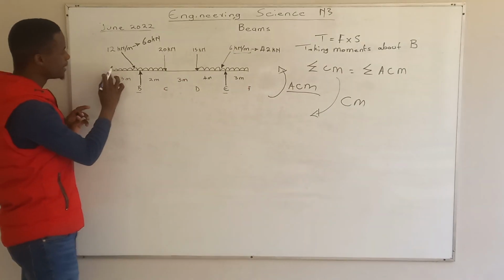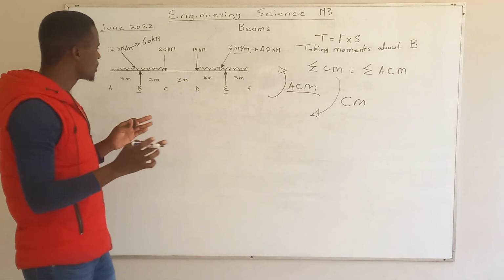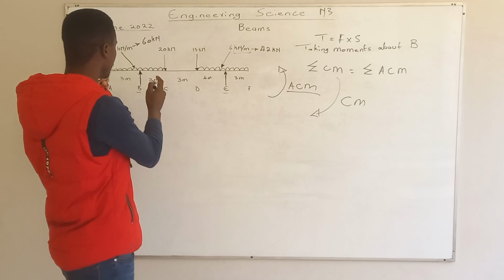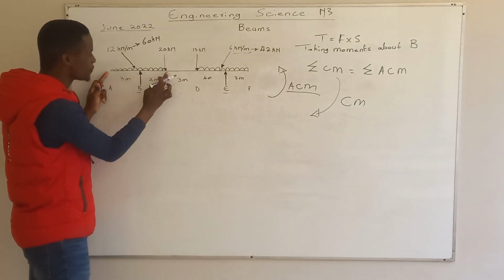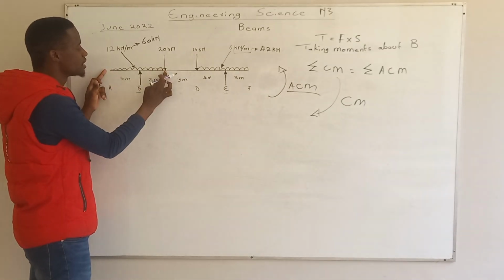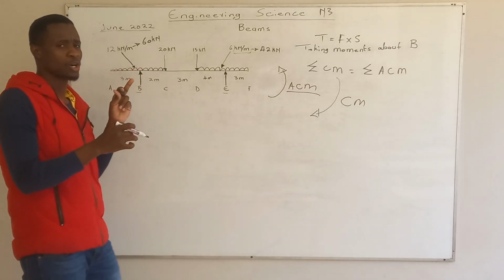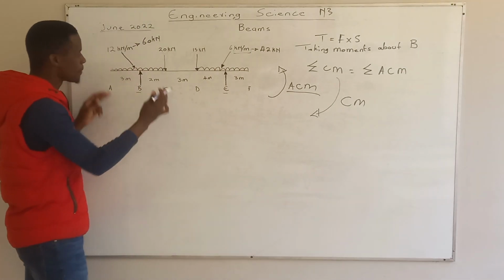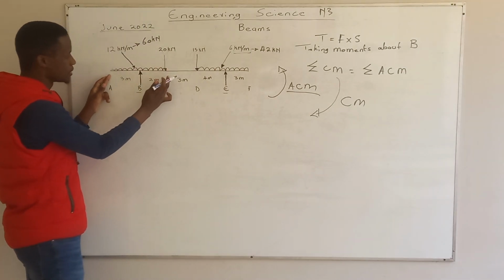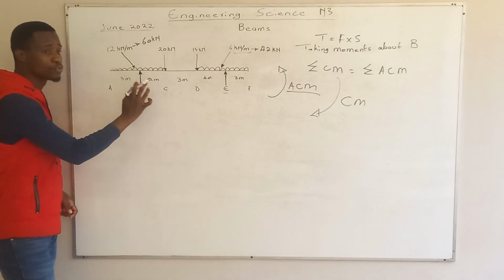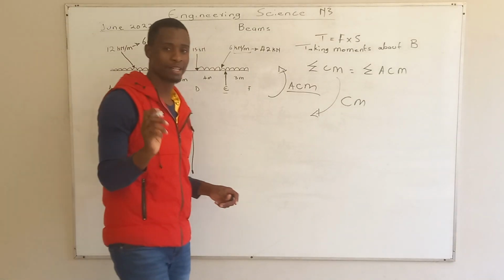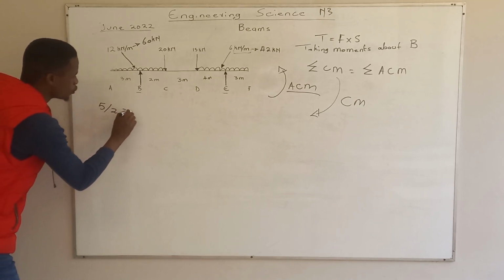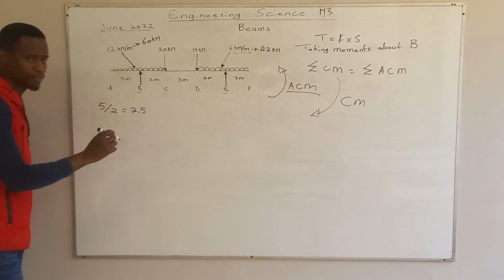Now, I want to explain this UDL. The UDL is distributed evenly on the beam. So it means for these first 5 meters, the UDL is being distributed. Now, the weight of that UDL acts straight at the center. So if it's acting straight at the center, it means we need the center of this. So the center of this is going to be 5 divided by 2, which gives us 2.5 meters.